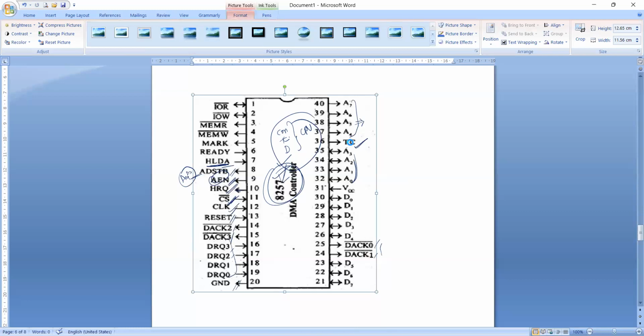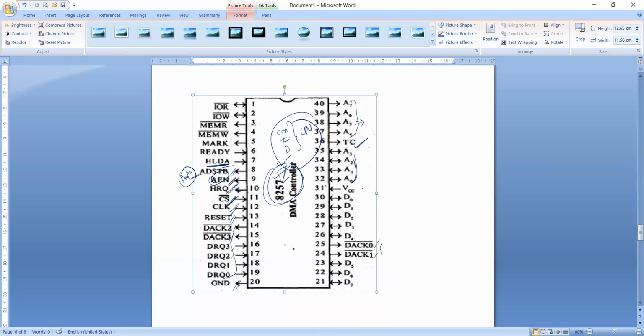In slave mode, they act as inputs which select one of the registers to be read or written, like the mode set register, address register, or data register. Whereas in master mode, they are the least significant memory address bits generated by 8257.